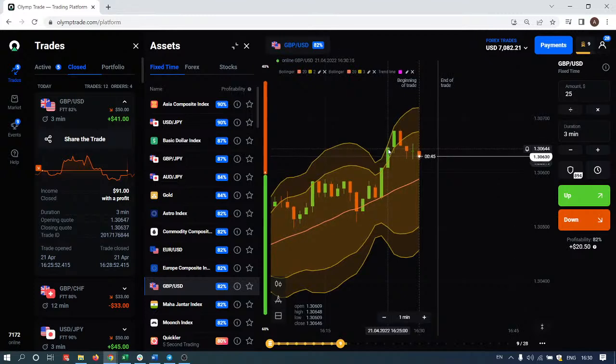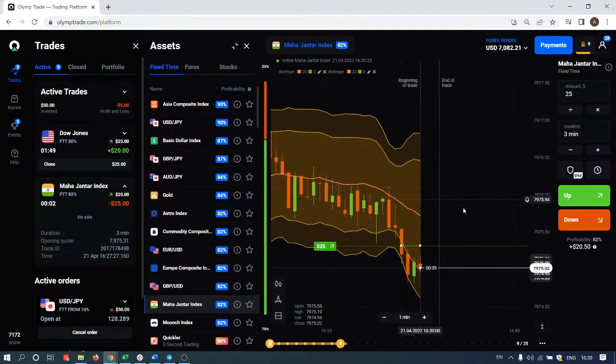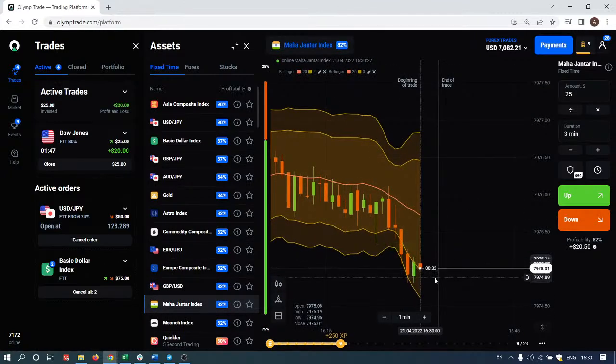I opened it here, then the price went down, went up again, and we closed here. So that was pretty good. So this Mahajantar index, you know what? I think we can give it a try again.